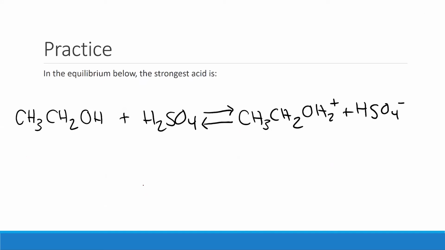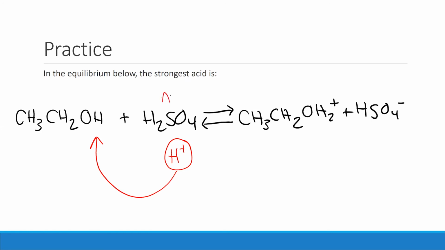Okay, now for one more practice, I actually gave this practice in our Bronsted-Lowry, and we talked about which was the stronger acid and the conjugate acid, conjugate base, and how the protons were moving. And we actually showed that in this case, the proton, the H plus, was being donated from this H2SO4 to this CH3CH2OH, right?